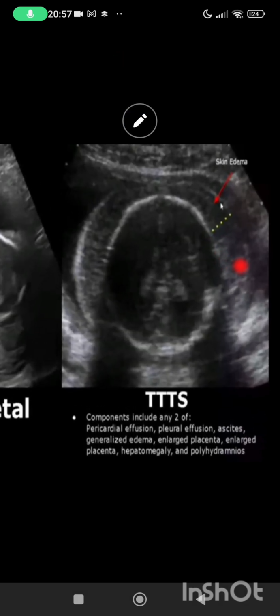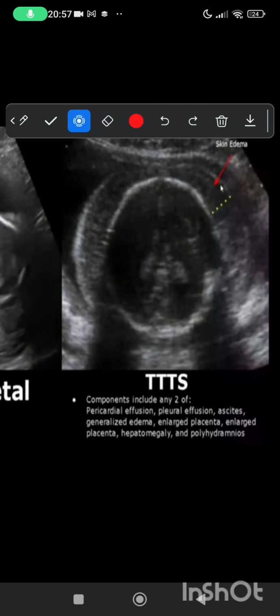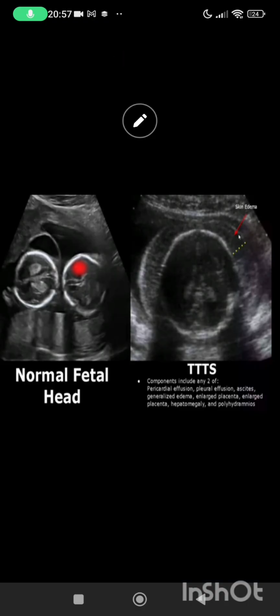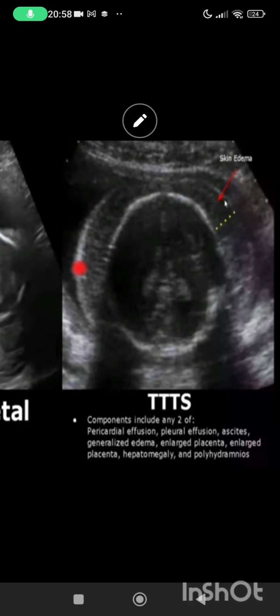Okay. Now in this image, we can see skin edema around which structure? Around the fetal head, we can see skin edema here. So what are the hydrops signs?